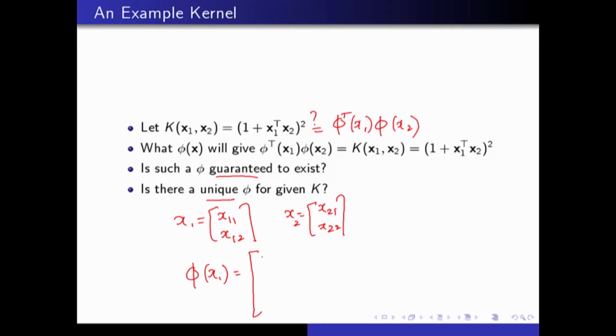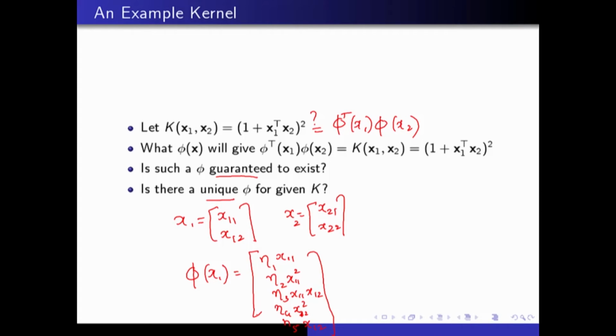Would it be some eta 1 times x11, eta 2 times x11 square, eta 3 times x11 x12, eta 4 times x12 square, and of course the other term, which is eta 5 times x12?